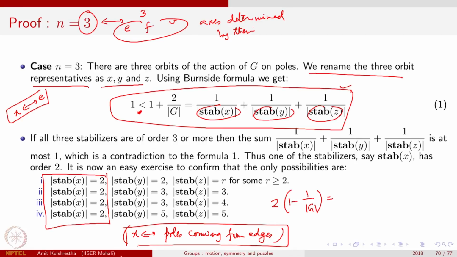And what are other possibilities? Other possibilities are precisely these. So I have written all possibilities. So stabilizer 2, then next element, other orbit has stabilizer size 2, and then other one has stabilizer size r for some r, and similarly 3, 3, 5, 3, 4, 5, like that.